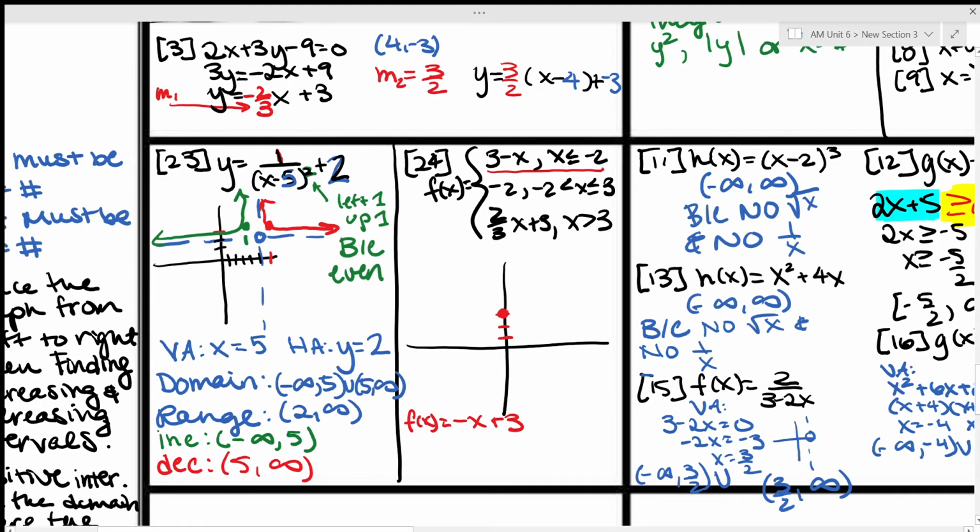But now I have to look at that domain. See how it has a negative 2? I need to get to where the graph is negative 2. So my slope is negative 1, and I can go right 1, down 1. But that one's not in my domain. I need to go to the left. So left 1, up 1. But that's still only negative 1, so I need to go again. I'm going to repeat my slope. So now I'm at negative 2.